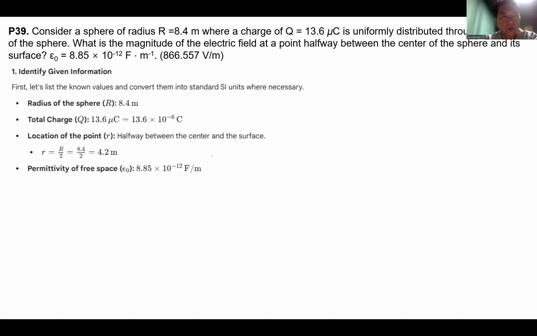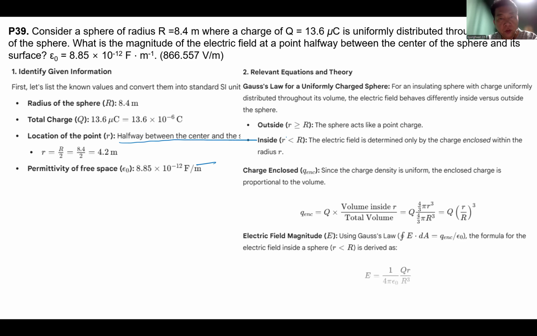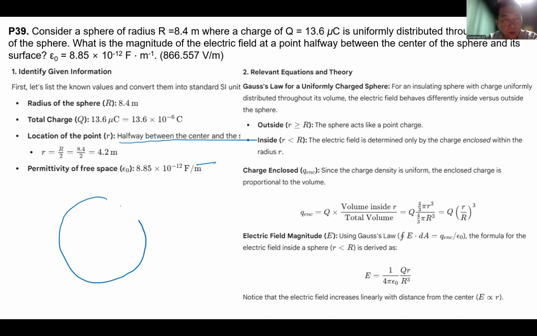So the radius of the sphere is 8.4 meters, and the location of the point is halfway between the center and the surface. Halfway between the center and the surface. So what we are trying to do is that, once again, it is an inside problem.